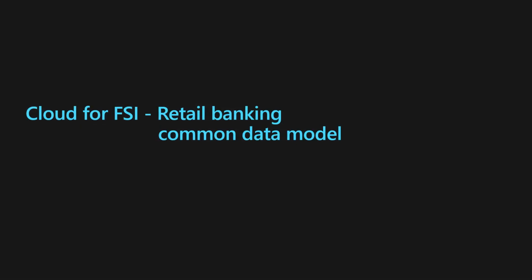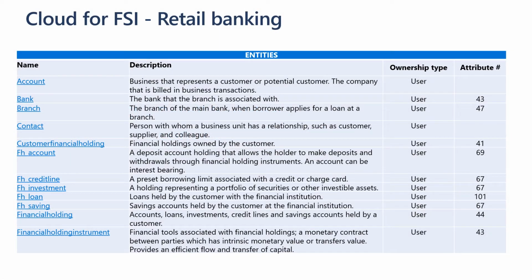The next layer is the Retail Banking Common Data Model. It contains key entities like account, bank, branch, contact, customer financial holdings account, financial holding credit line, financial holding investment, loan, saving, financial holdings, and financial holdings instruments.